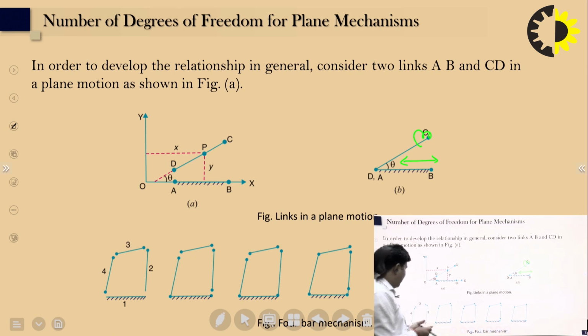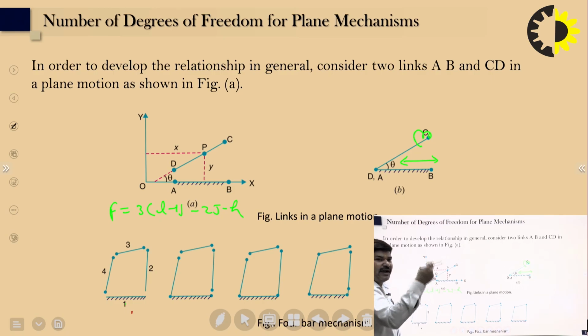It means that if any free link is connected by joints, we lose degrees of freedom. So the degree of freedom is F equal to 3 into L minus 1, minus 2J, minus H. For a link L, there are 3 degrees of freedom: x, y, and rotary motion.